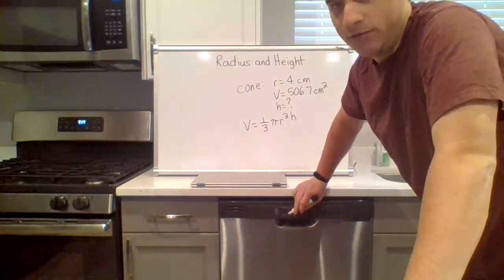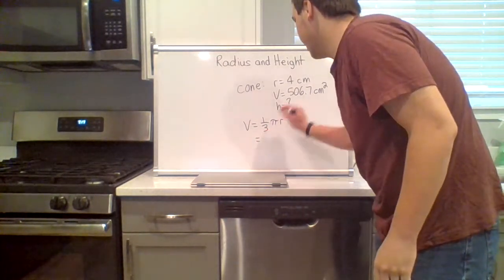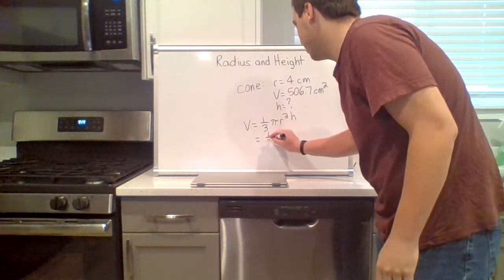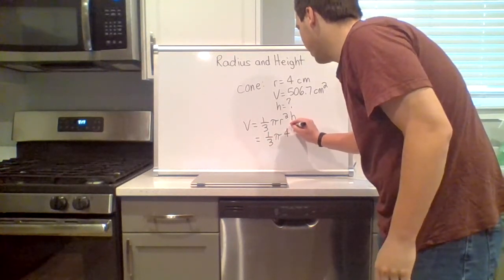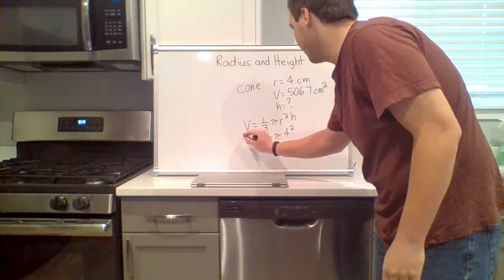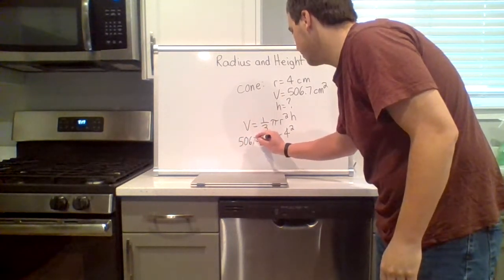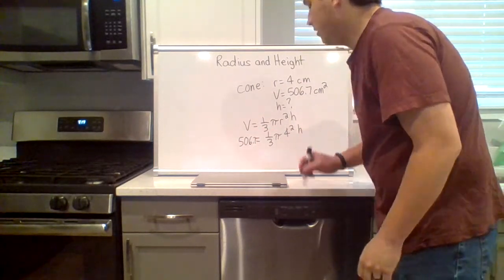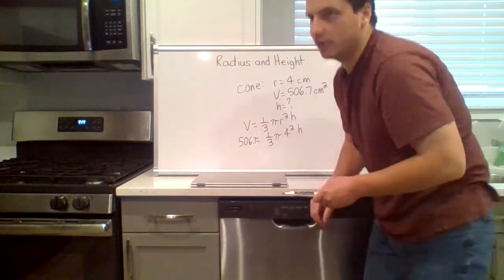Okay, so plug in what we actually know. We know the radius is 4, but we don't know the height, and we know the volume is 506.7. First, I'd recommend you do this calculation.